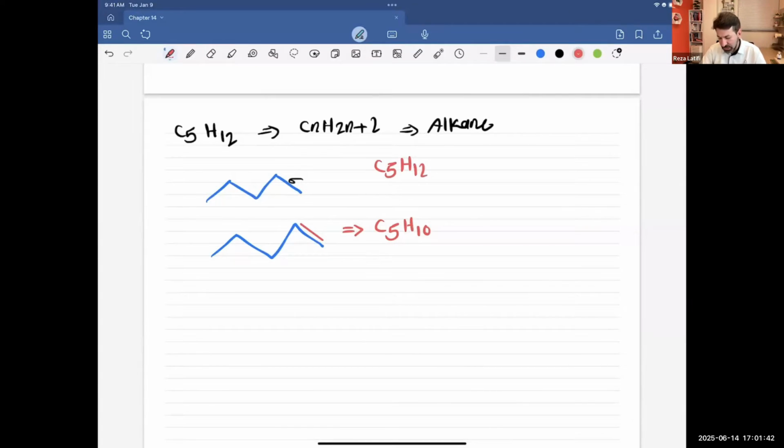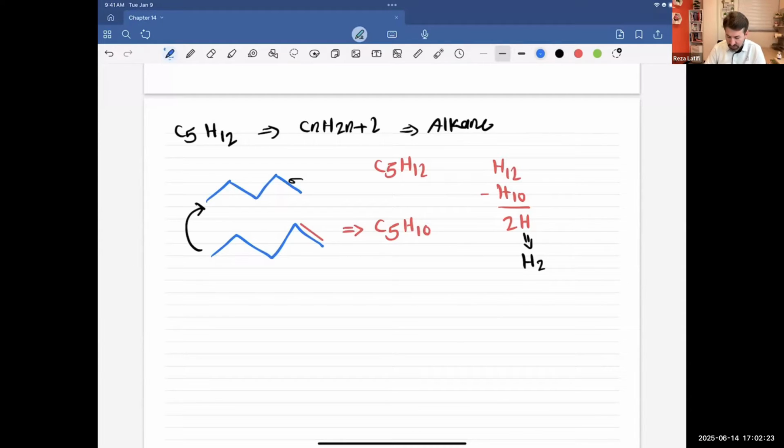If I subtract them, that's 12 hydrogen minus 10 hydrogen, which technically gives me 2 hydrogens. So I'm dealing with 2 hydrogens. And remember, hydrogen gas comes as H2. So this new compound, pentene, is missing 2 hydrogen atoms. But we know in order to turn this compound into the original one, the pentane, we need to add hydrogen gas to it as H2.